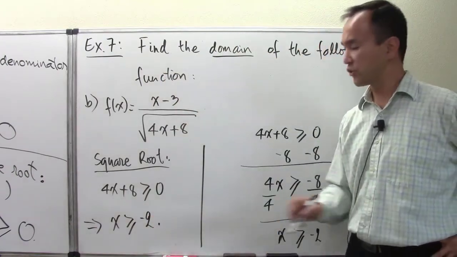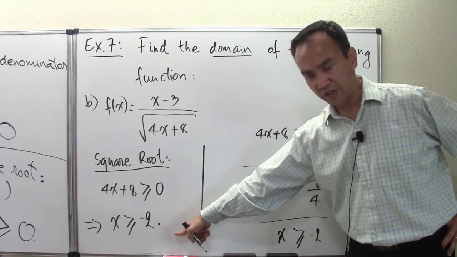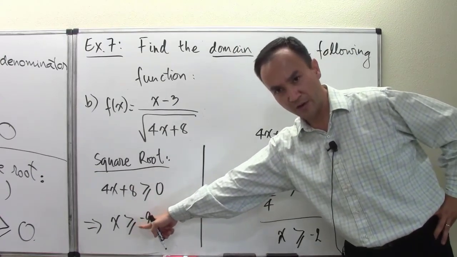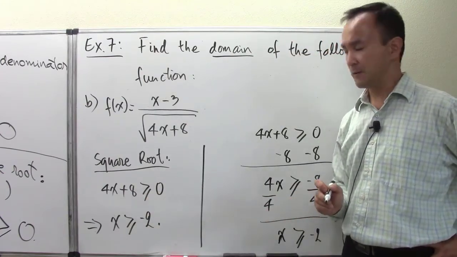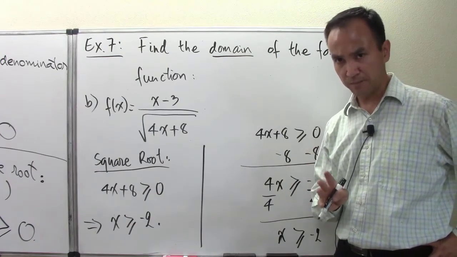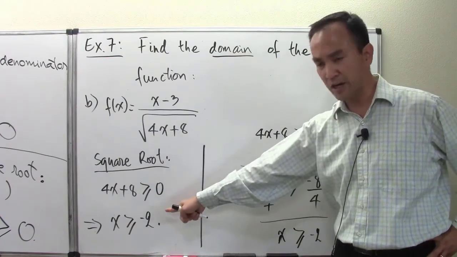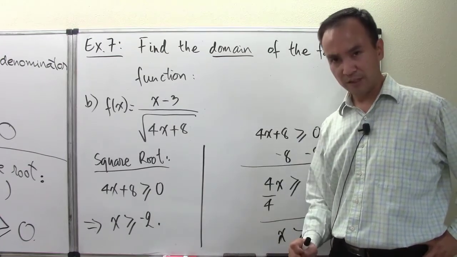We must ensure we choose such x values. And that starts ringing a bell about the domain. What we know about the domain, the possible inputs, is that x has to be greater than or equal to negative 2. All right, so that's one of it.